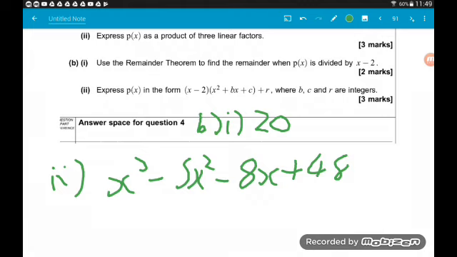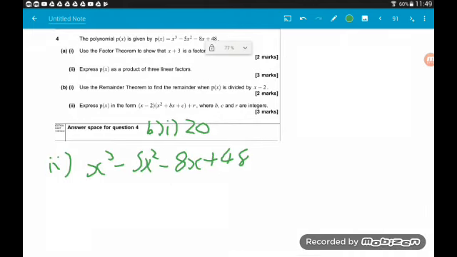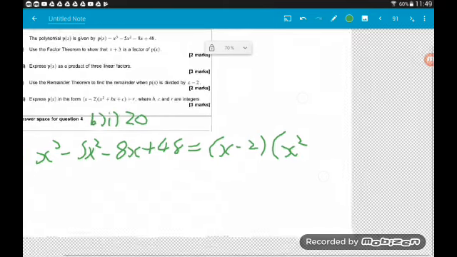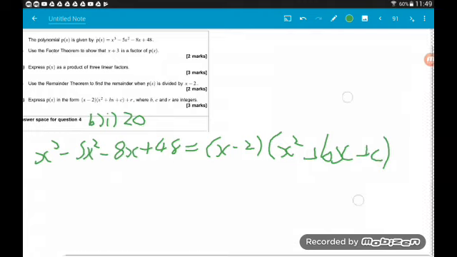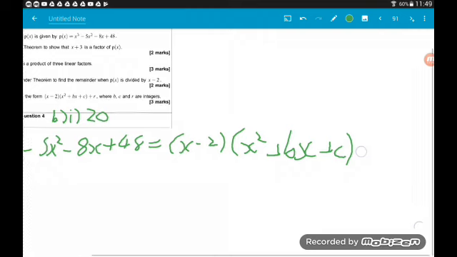Now we want to write this as x minus 2 times the quadratic, so x squared plus bx plus c, plus the remainder.